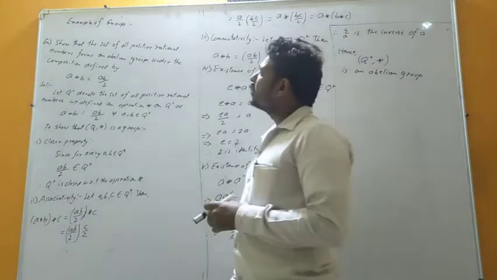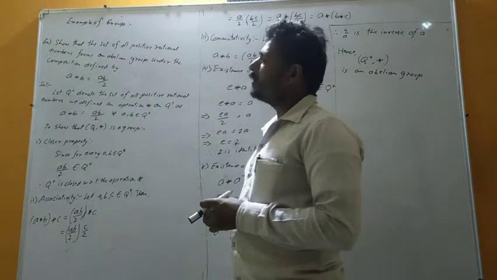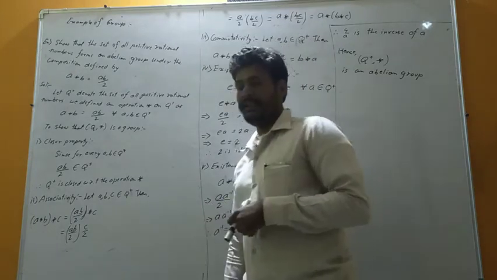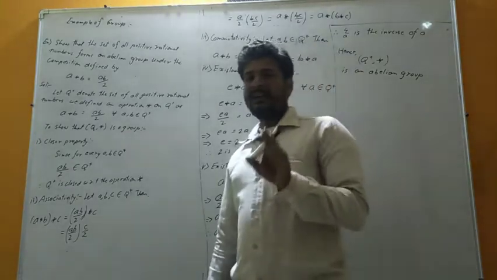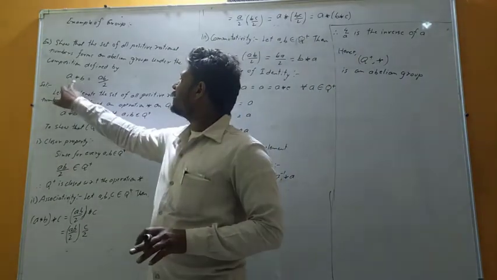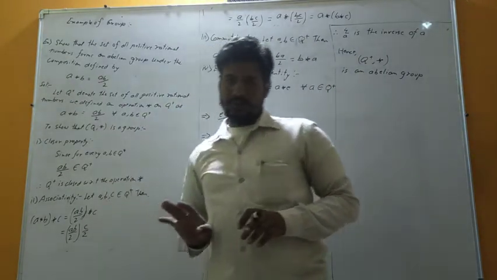Show that the set of all positive rational numbers forms an abelian group under the composition defined by a star b equals ab by 2.